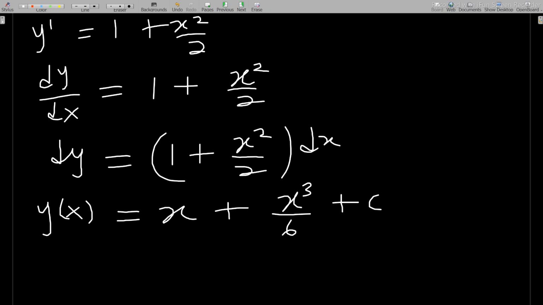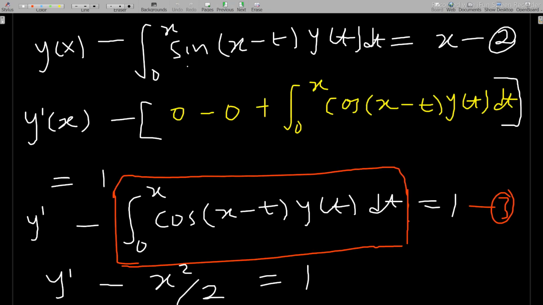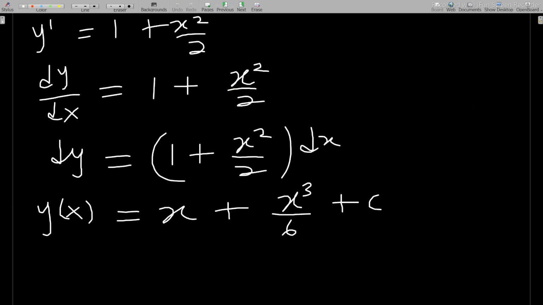Okay, so now for us to be able to find our dear constant c, just go back to some of the equations and look at what you have. If I can get y of something equals something as, let's say, an initial condition, then I'll be able to find c. So all that we need to do is try to find y of the lower limit.